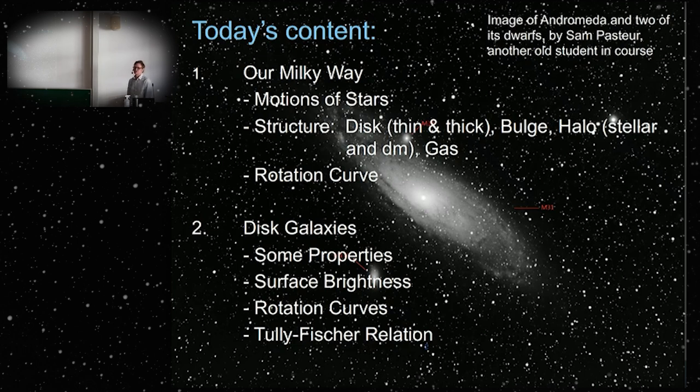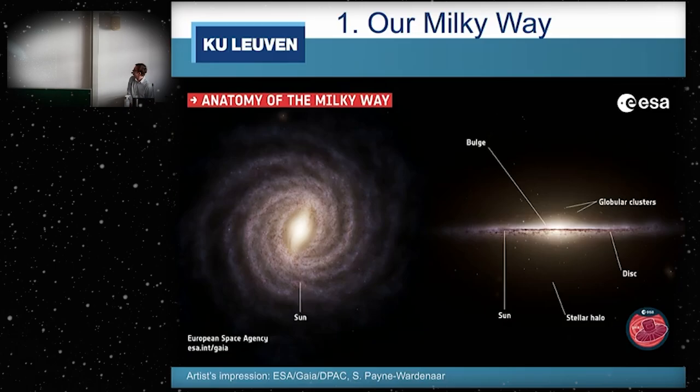Then a little bit on their rotation curves, of course, and then the Tully-Fisher relation. I also added a little bit on the thin and thick disk from some new JWST results at the end. That's just a little addition toward the end of today.